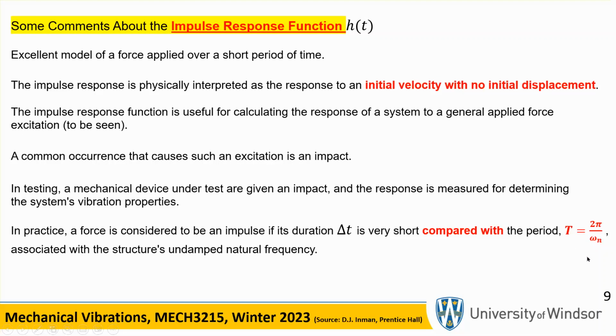Remember, that system has a natural frequency, omega n, square root of k over m. That's the natural frequency of vibration of that object. If you take 2 pi over it, you get the period of oscillation of that object. Let's pretend that there's no damping there.